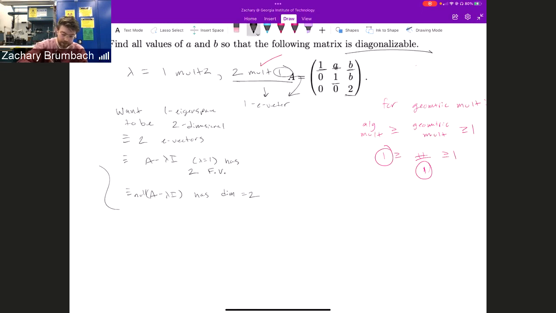All of these things mean the same thing in this context, and any one of them would satisfy the condition for diagonalization for the one eigenspace, okay?